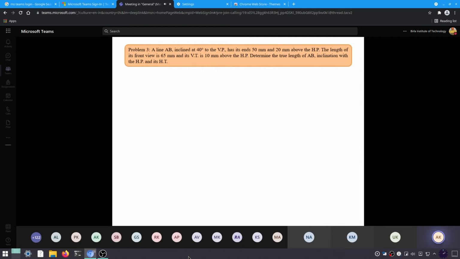And its vertical trace is 10 mm above HP. Determine the true length of AB and its inclination with HP and VT. So these things are given to you. Phi is given to you, it is 40 degrees. A is 20 mm above HP and B is 50 mm above HP.